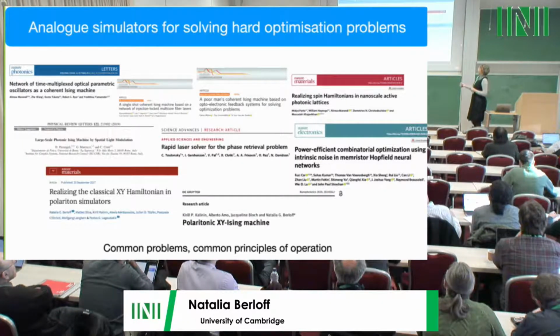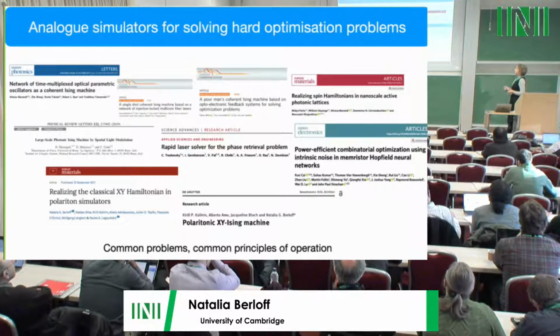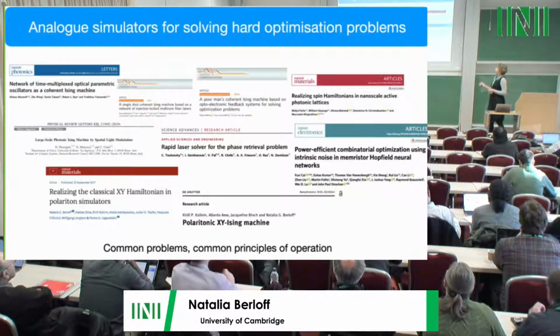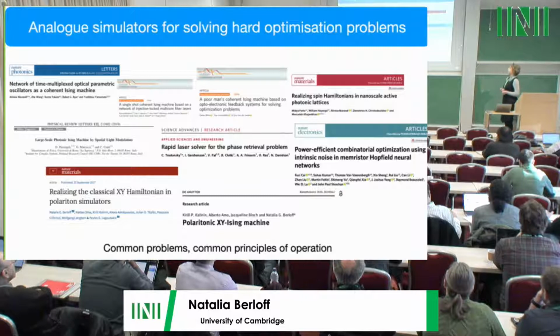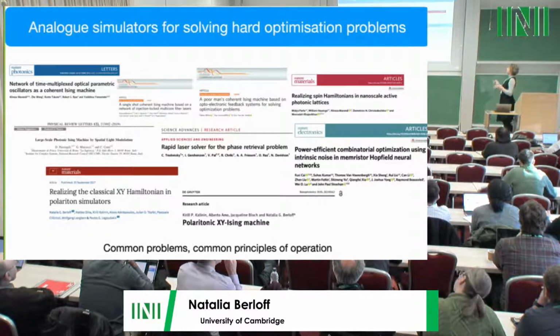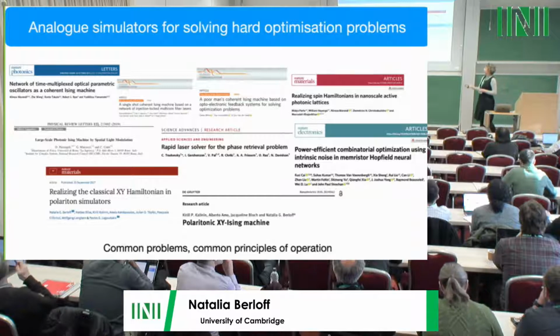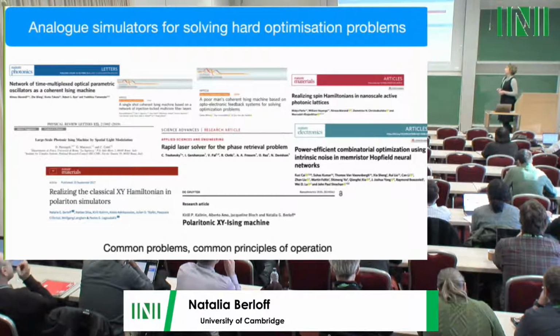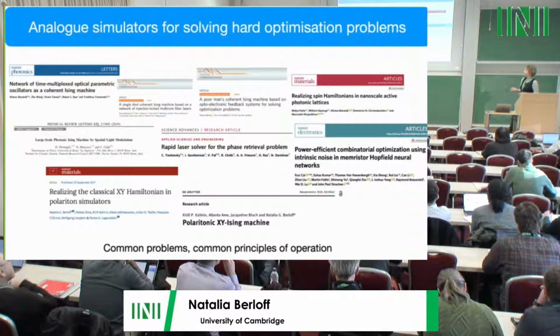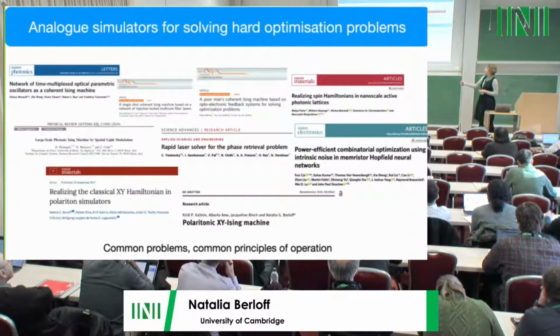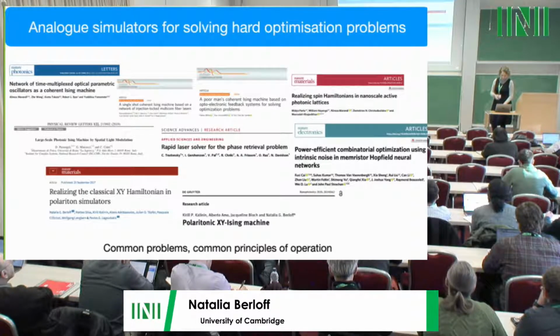Of course, the work starts with the seminal work by Yoshi Yamamoto, the coherent Ising machine based on optical parametric oscillators. Nir Davidson with his laser in a cavity. There are injection-locked multi-core lasers, optoelectronic systems, photonic lattices, memristors, and we contributed to this research with our polariton graph simulator that I'm going to talk about. Also, Claudio Conti with his spatial light modulator-based machine.